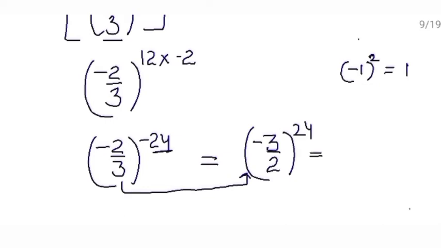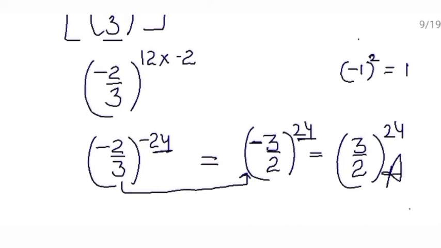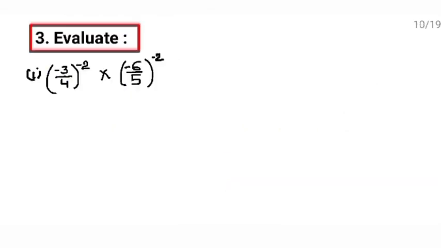Clear? So this is also equal to 3 upon 2 raised to the power 24. Why? Because the power is an even number. When we multiply minus sign even number of times, we get the positive answer. So we can simply write it as 3 upon 2 raised to the power 24. This is your answer.